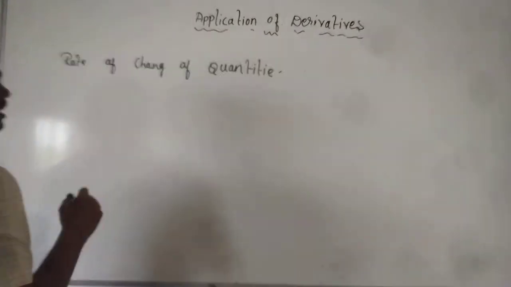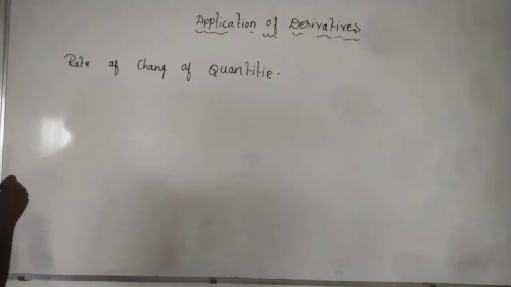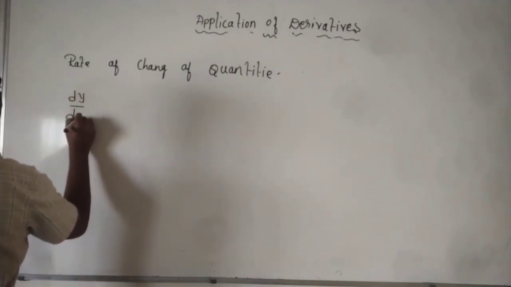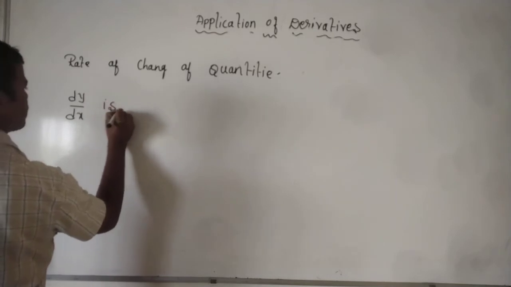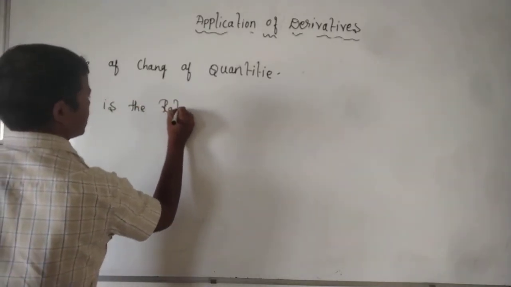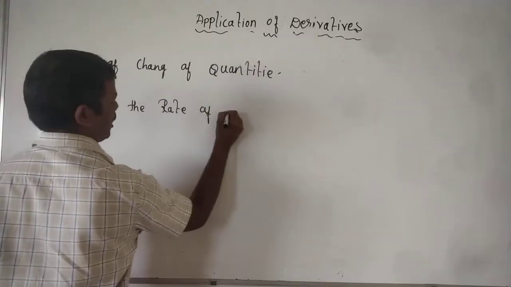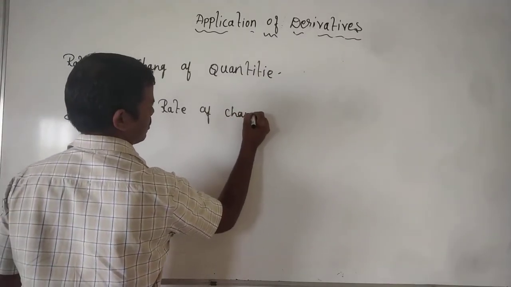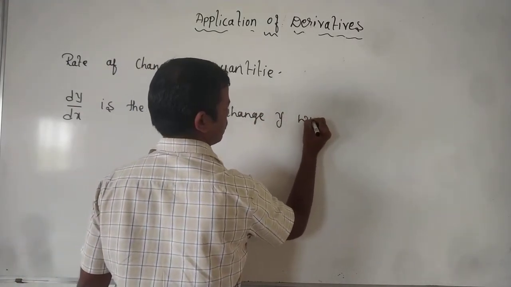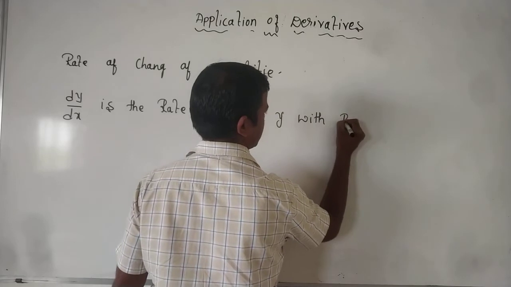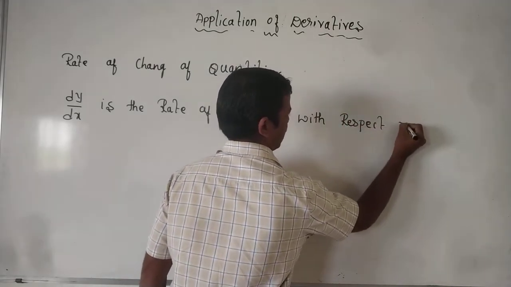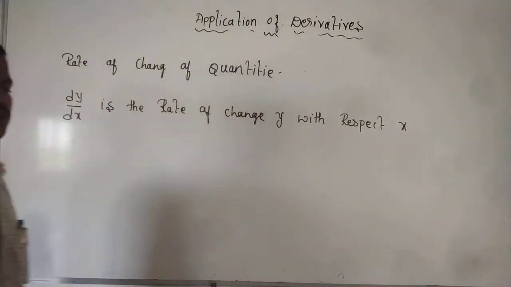So here the main important thing that we have to recall is what we mean by dy by dx. dy by dx is the rate of change of y with respect to x.